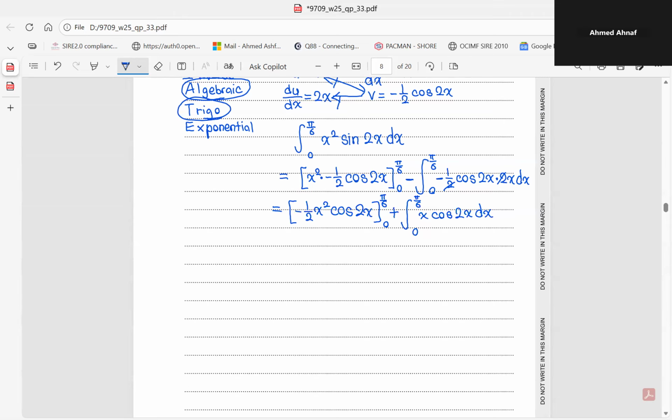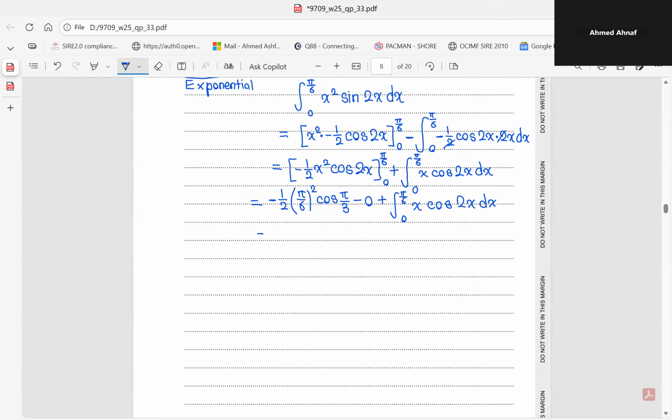Now substitute the limits: we get minus half times pi over 6 squared times cosine of 2 times pi over 6, that is pi over 3, minus negative half times 0 squared. Anything with 0 just becomes 0. So this is minus 0 plus the integral of this. This integral we will solve later using integration by parts again, so we'll leave it at this.